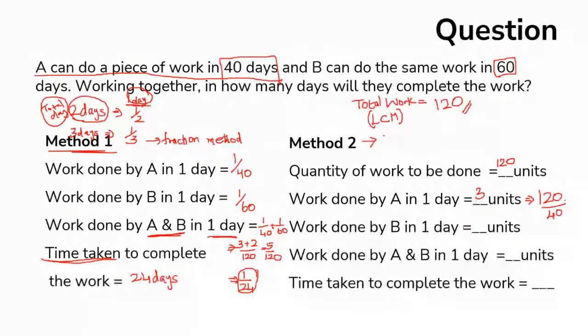And what about B? B can do the same work in 60 days, they have mentioned. So with 120 as the total work, out of 60 days, in one day he can do 2 units of work.